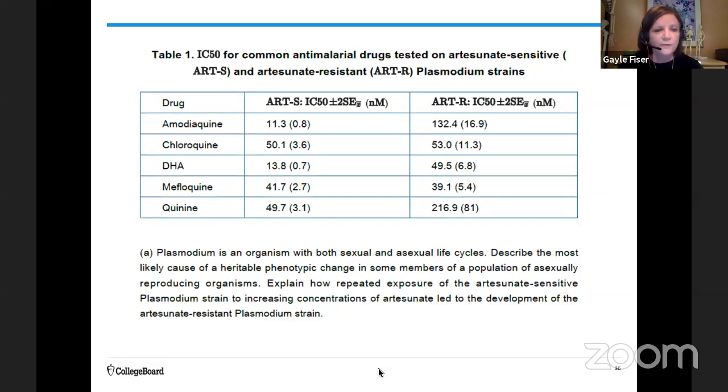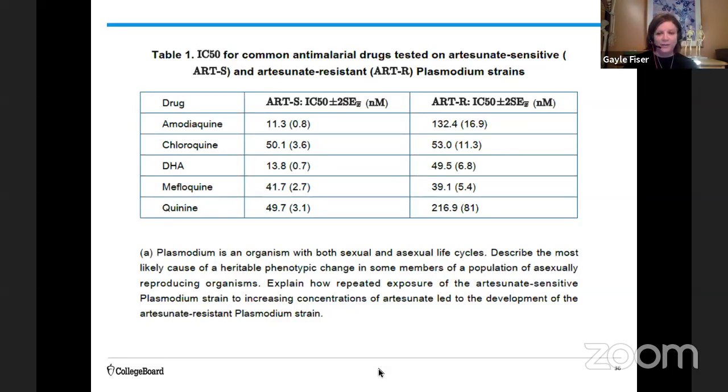All right, so let's read first what A wants us to do. Plasmodium is an organism with both sexual and asexual life cycles. Describe the most likely cause of heritable phenotypic change in some members of the population of asexually reproducing organisms. Explain how repeated exposure of the artesunate-sensitive Plasmodium strain to increasing concentrations of artesunate led to the development of the artesunate-resistant Plasmodium strain.